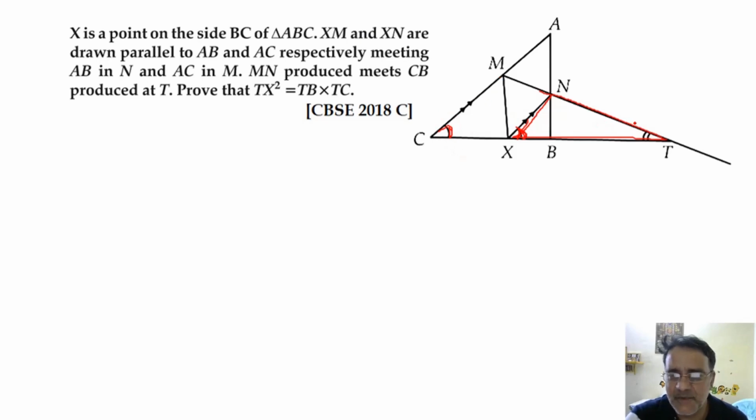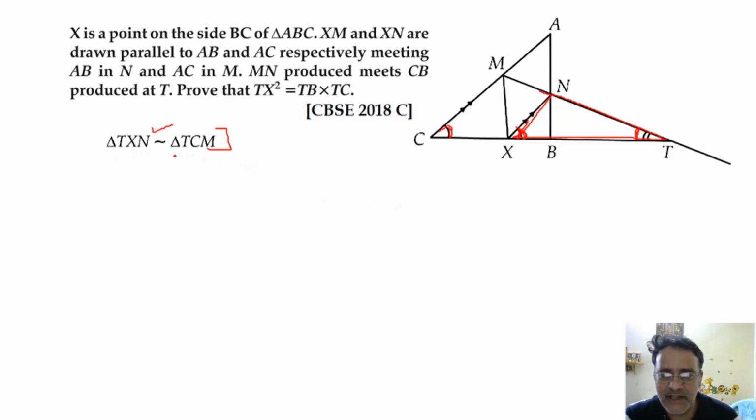Corresponding angles, and this is common to both the triangles. So we can say that triangle TXN is similar to triangle TCM. Whether this is clear? But you have to show it, I have skipped some steps. This is clear how these two triangles are similar by AA similarity.